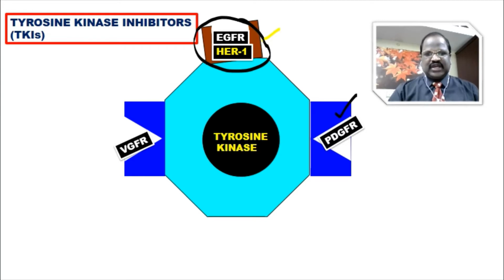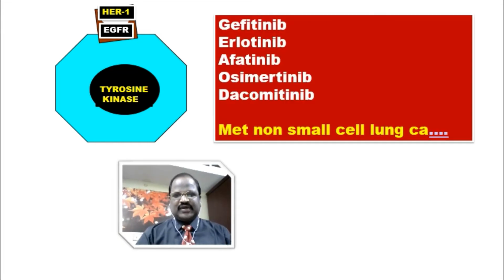So, first thing I go one by one topic. What are all the tyrosine kinase inhibitors that are selectively blocking EGFR, the so-called HER1 receptor? The drug names are gefitinib, erlotinib, afatinib, osimertinib, and latest one dacomitinib.